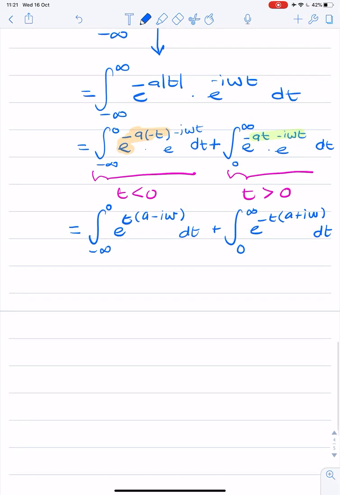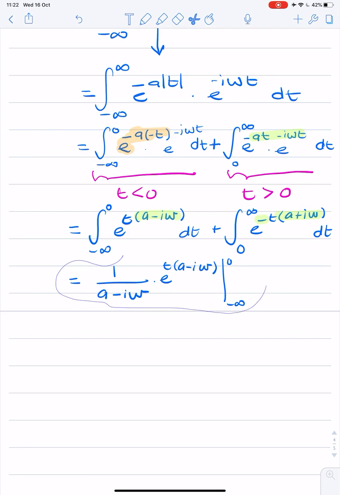Now the next step is simply to integrate. When you integrate, you simply divide by the derivative of the power there. So for the first integral, you divide by a minus i omega, and that's e to the t times a minus i omega, no change. And that's from minus infinity to 0.